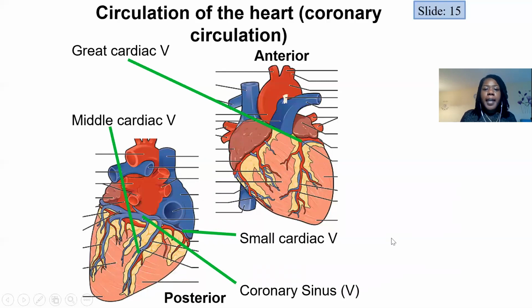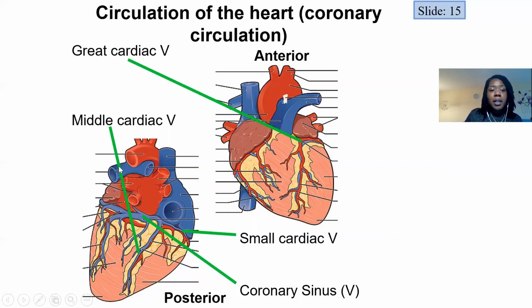Let's talk about the veins of the heart. It's nice to associate the veins with the arteries they run alongside. So we've got the great cardiac vein. It's running in the anterior interventricular sulcus alongside the anterior interventricular artery.